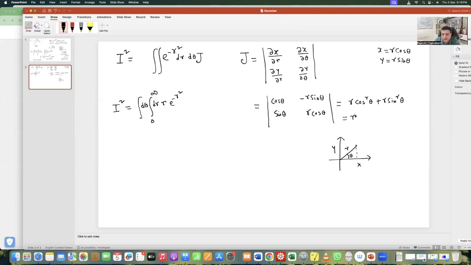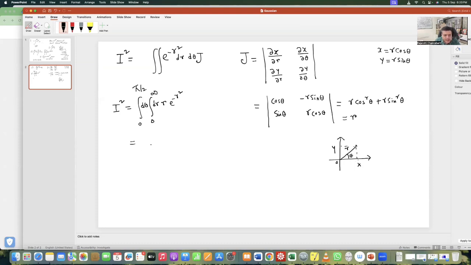This is the point. r can be anywhere from 0 to infinity, always positive, but the point should be only in the first quadrant, which essentially means theta can vary from 0 to pi by 2. 0 means along the x-axis, and pi by 2 means along the y-axis. So essentially, this is the integral you need to do.